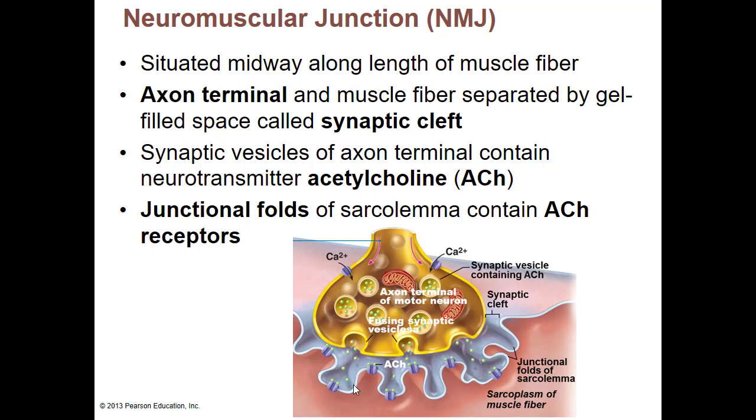And at the end of your axon, there's that axon terminal. It's a little bulb-ish shape. And this axon terminal is situated midway along your muscle fiber. In between, because they are not touching directly, there's a little gap right here called the synaptic cleft.